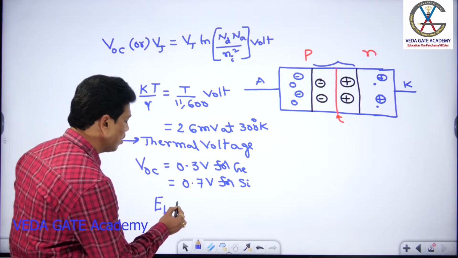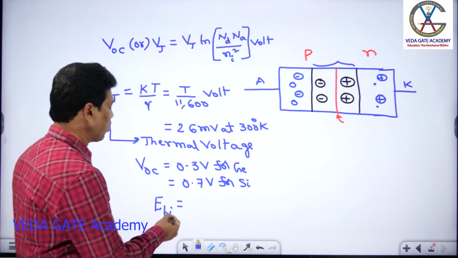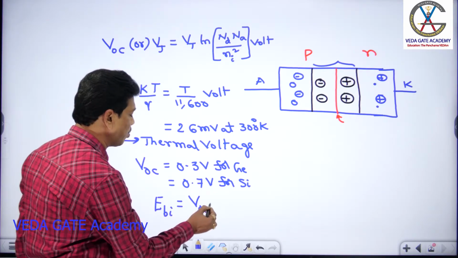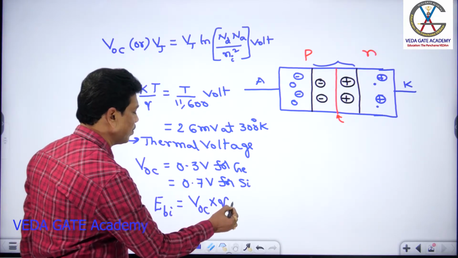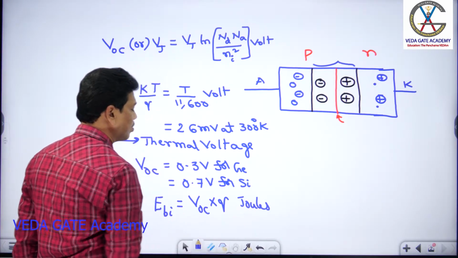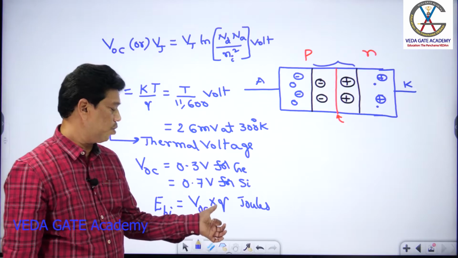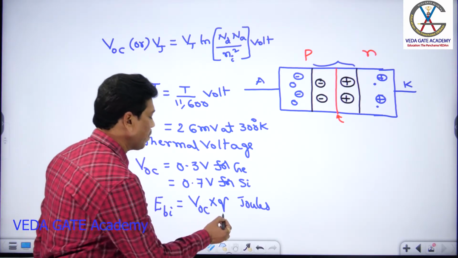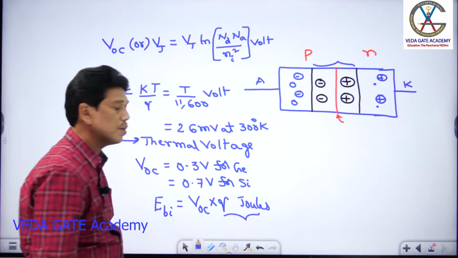So how to write the energy in terms of potential? Potential into charge, that is VOC into q joules. VOC stands for open circuit voltage or junction voltage, q means charge. And 1.6 into 10 power minus 19 joules is nothing but one electron volt.